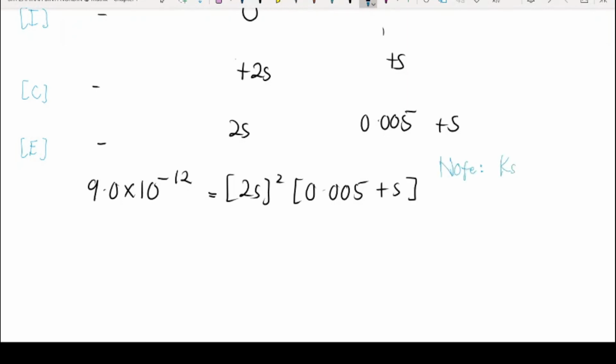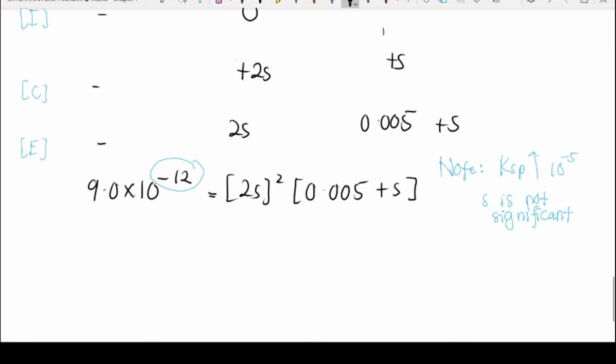When KSP is smaller than 10 to the power of minus 5, then your S is not significant. Okay, this is just the same as when we are calculating for our alpha significant. But in this case, we just directly mention that when KSP is this small, well, for this one, it is negative 12, then your S at the back is not significant.